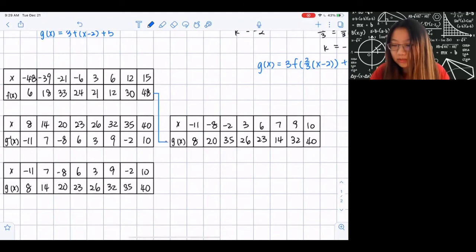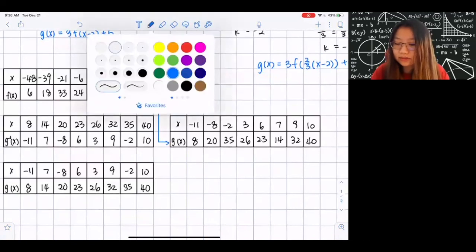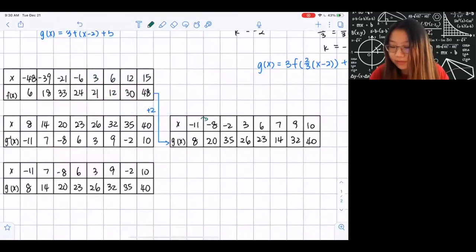I just want to tell you about this extra step. So that's a +2 for the y's. For my x's, I actually need to find the differences. So I have +3, +6, +5, +3, +1, +2, and +1.